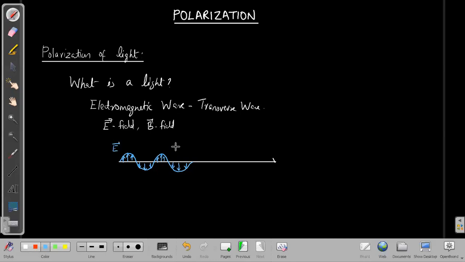Now what about the magnetic field? The magnetic field would be perpendicular to both the direction of propagation and the direction of oscillation of the electric field. So the magnetic field will be oscillating like this.